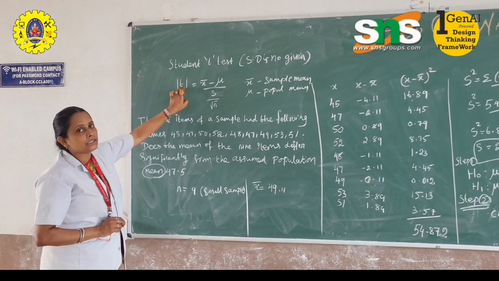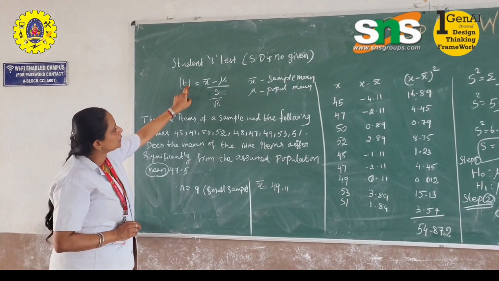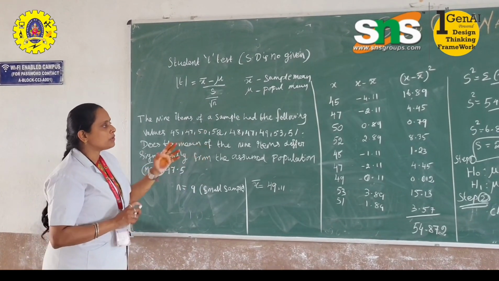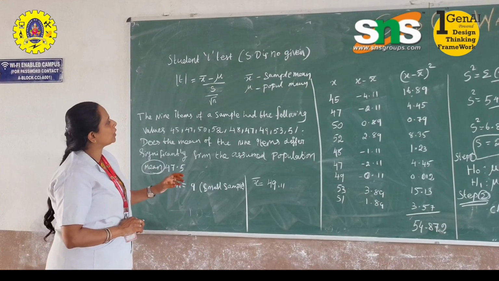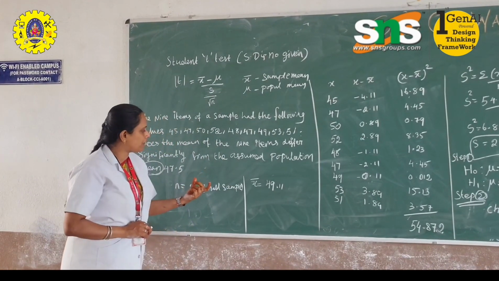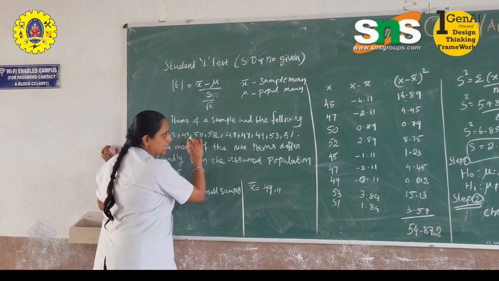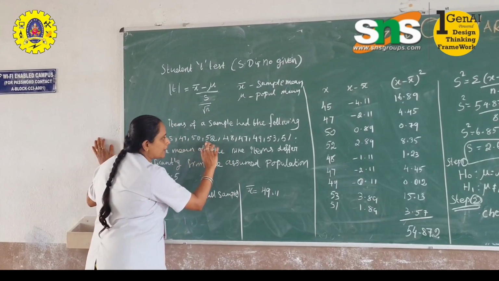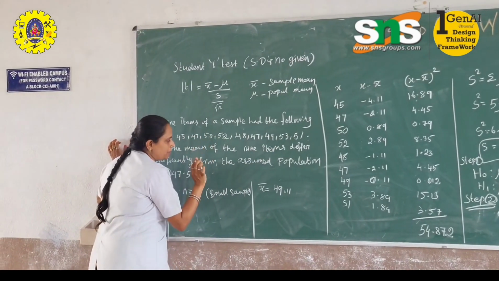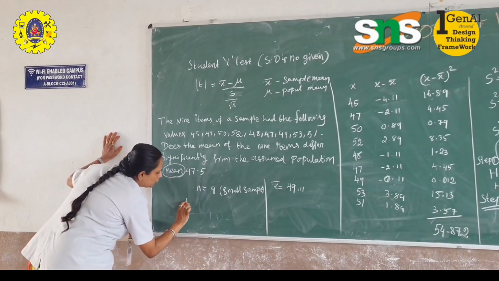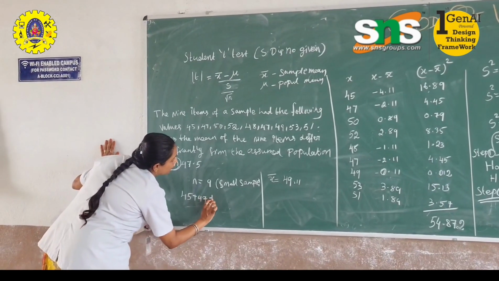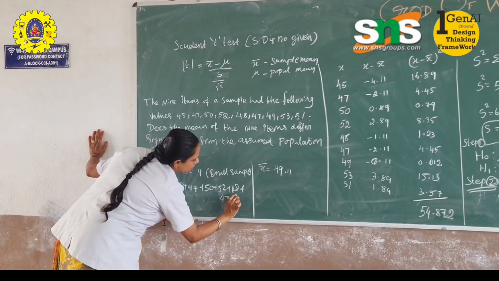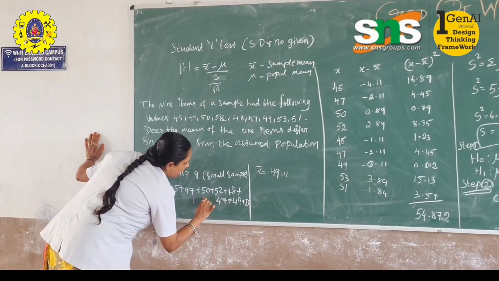In the Student's t method the standard deviation is not given in this problem, so we have to find it. Using these 9 values, we first find x bar: adding all the values of the data, 45 plus 47 plus 50 plus 52 plus 48 plus 47 plus 49 plus 53 plus 51, and dividing by the total count 9, the value is 49.1.